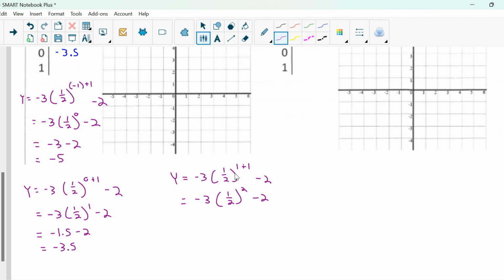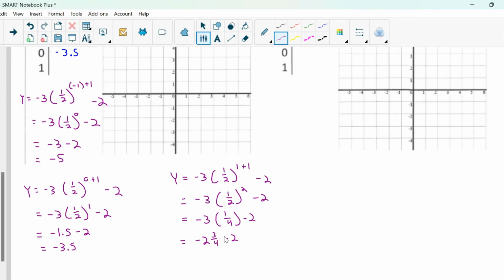Remember, you square both your numerator and denominator. So that's going to leave me with -3 times 1/4, minus 2, which is just -2 3/4, minus 2.